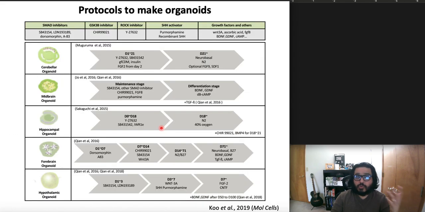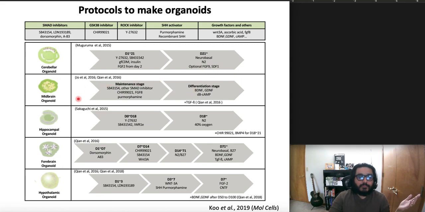So here we have a much more controlled level of differentiation. And so for each brain region specific organoid, we have a unique set of factors. So this one uses insulin and FGF for 21 days, and after that they switch to a different kind of media with different growth factors in them.